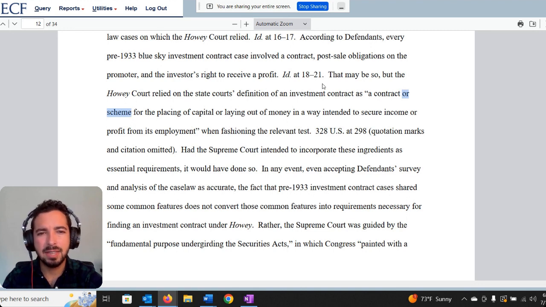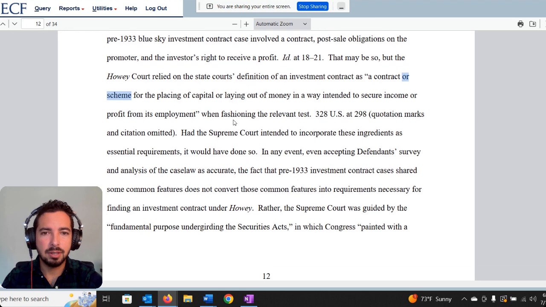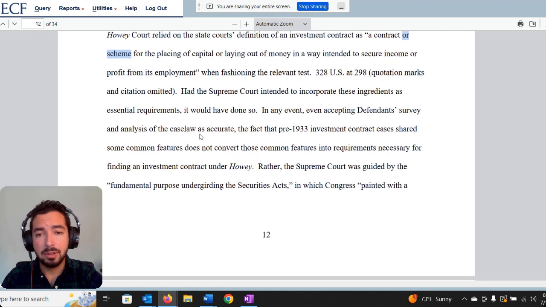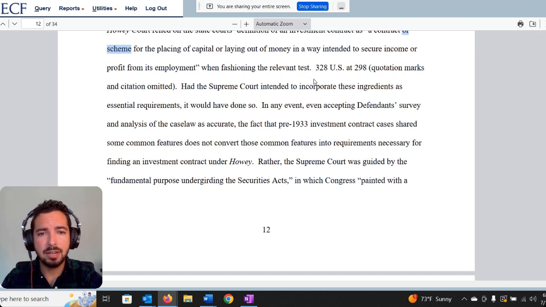If this is the definition we're supposed to be using, it contemplates something other than a contract being an investment contract. So the essential ingredients are not really essential, are they? That's how I would view that. So here we go. Had the Supreme Court intended to incorporate these essential ingredients as essential requirements, it would have done so. Sure.